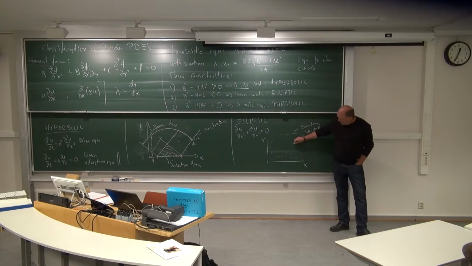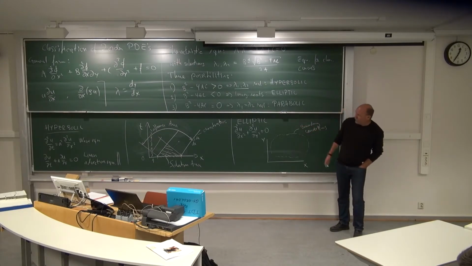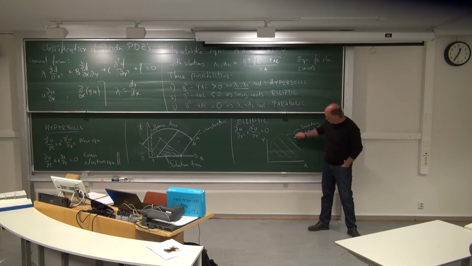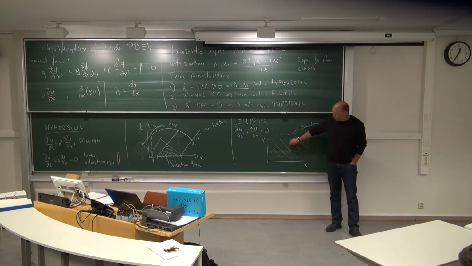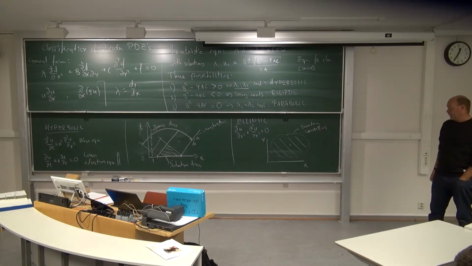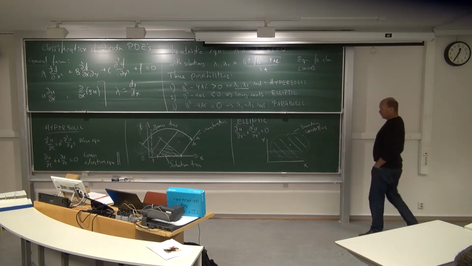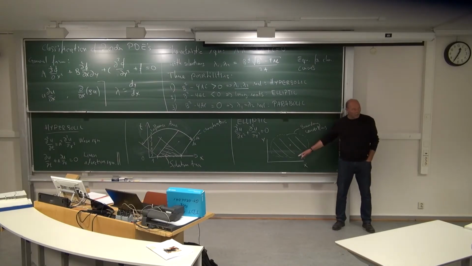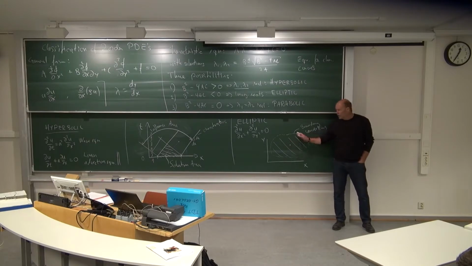And the influence area and the solution area is inside. If you are focusing on one single point inside that area, looking at the solution at that point, and you change any data on the boundary just a little bit, this point feels it instantly and will change accordingly. So everything here will be dependent on the entire boundary, you might say.